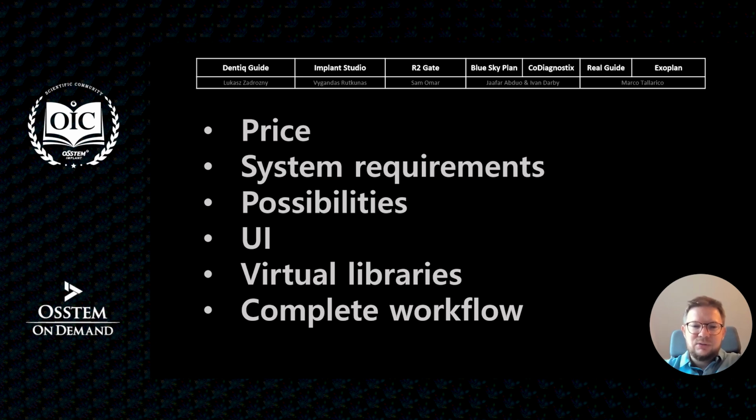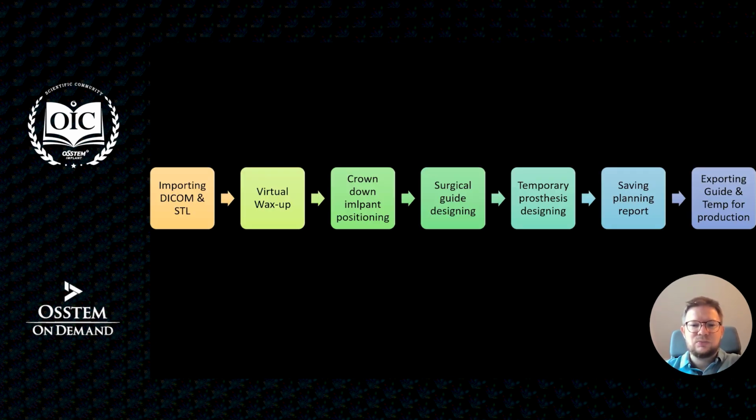Very important part, virtual libraries available, and what is also crucial is completeness of the workflow. So if we are able to plan from the beginning to the very end. And that is the graph showing the workflow we wanted to check.